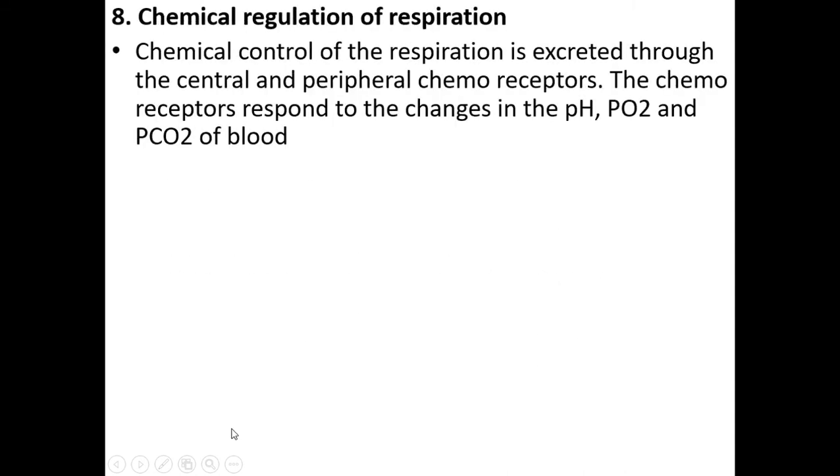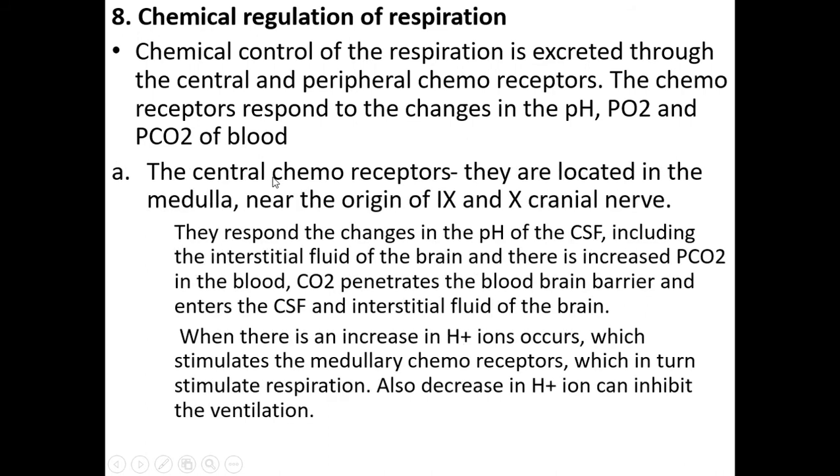Chemical regulation of respiration. The chemical control of respiration is exerted through the central and peripheral chemoreceptors. The chemoreceptors respond to changes in pH, PO2 and PCO2 in the blood. The central chemoreceptors are located in the medulla near the origin of the 9th and 10th cranial nerves.